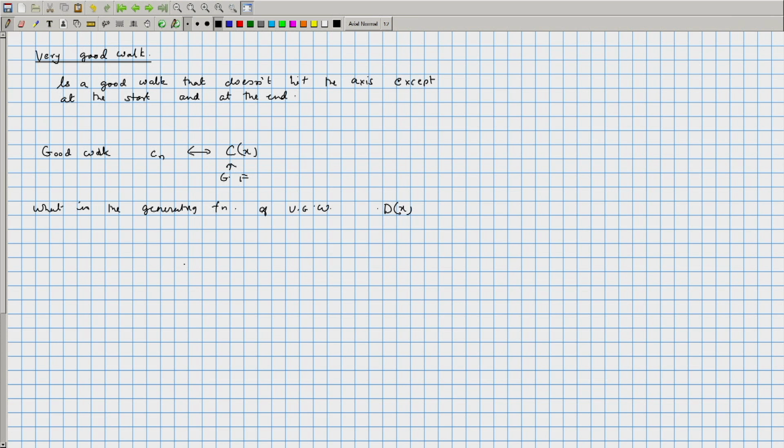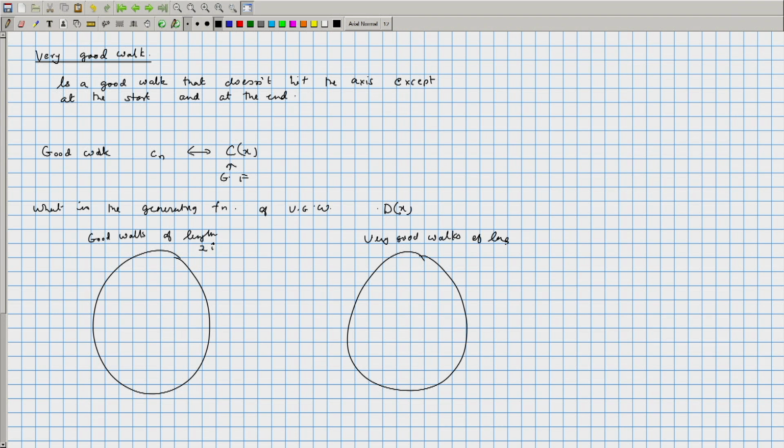Okay. So, let us look at the good walks of length 2i, and these are the very good walks of length 2 times i plus 1.